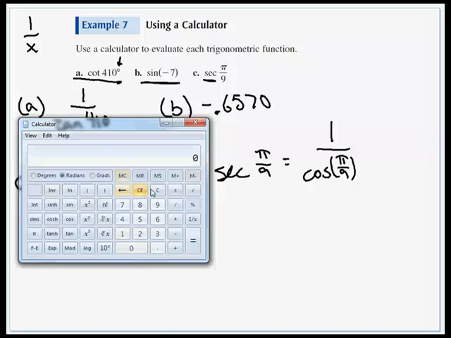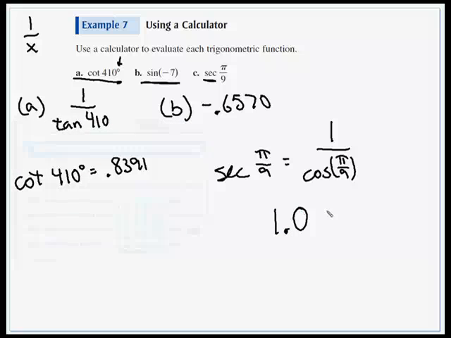So we'll clear here, and we have pi divided by 9 equals, so there is our fraction, and we're going to do the cosine of that decimal. Since this is an inverse, we want to invert that to get secant. So we hit the 1 over x key. Boom. There we go. 1.0642. That's our secant of pi over 9.